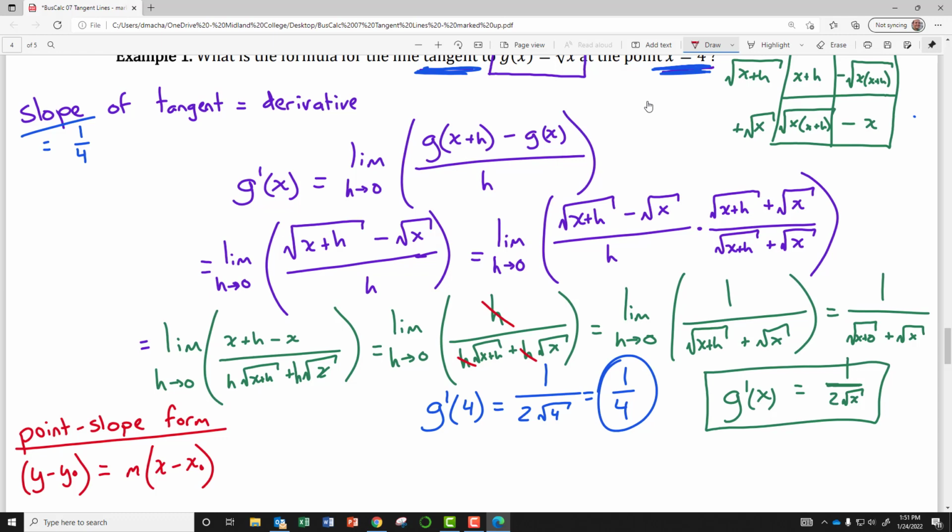So if you are actually given a point, a pair of coordinates x naught, y naught, and you're given a slope, you can actually use this formula to come up with the formula for your line.